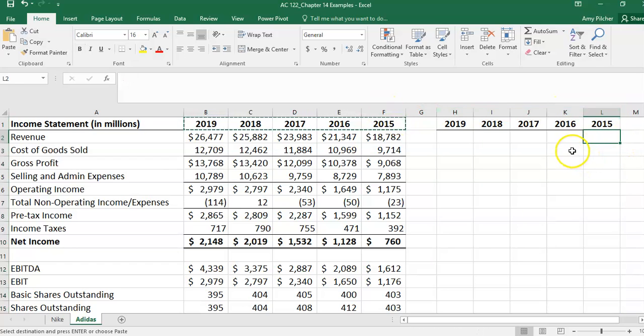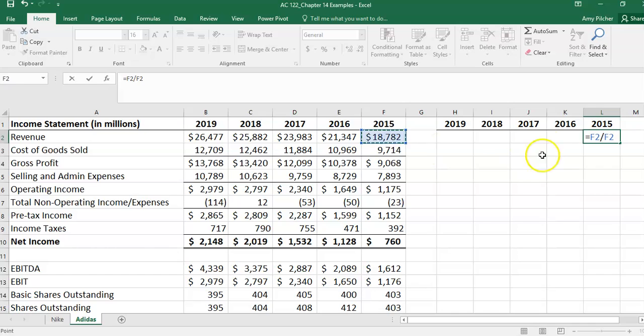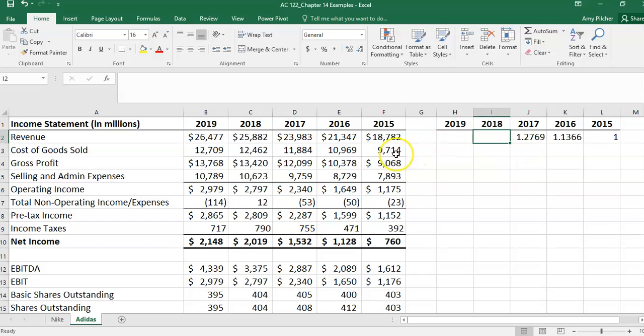So remember, in the horizontal, we look at everything to a base year. So we're going to divide everything by 2015. 2017 divided by 2015, 2018 divided by 2015, and 2019 divided by 2015.